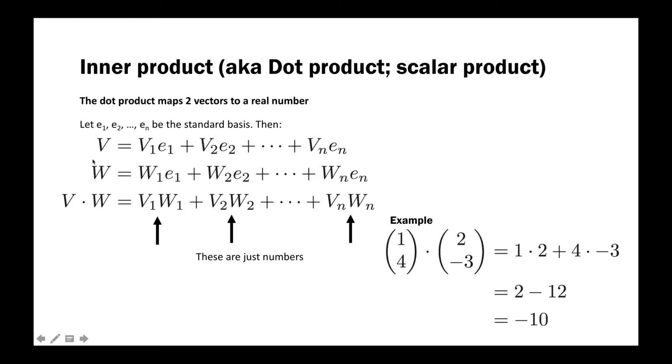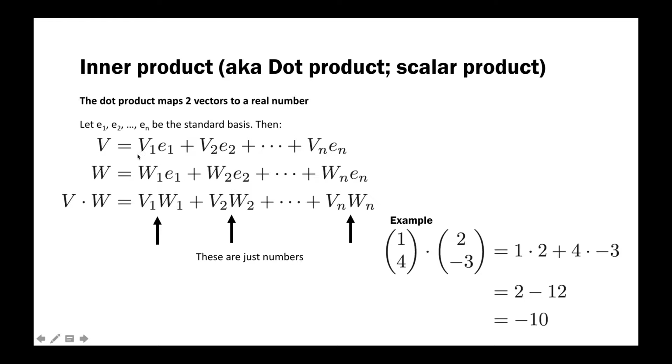Then I can take two vectors, v and w, and I can write them as a linear combination of basis vectors, where my components are v1, v2 up to vn, and w1, w2 up to wn. The dot product is obtained by taking each of the components between the two vectors, multiplying them, and then adding them all up.